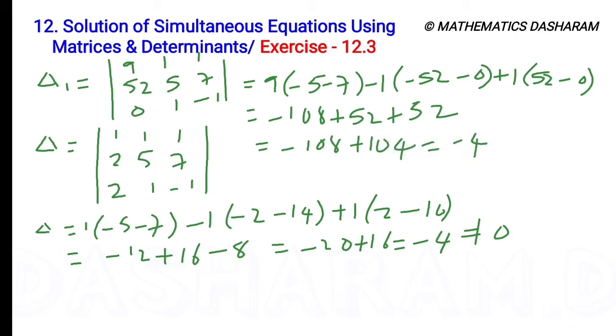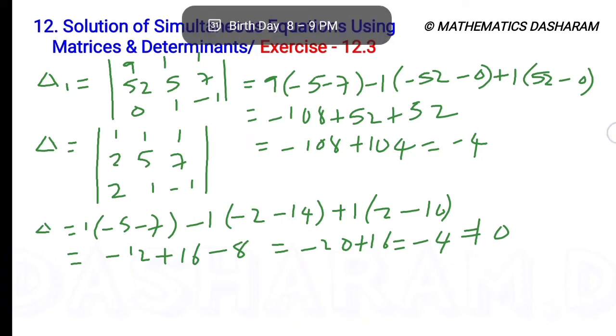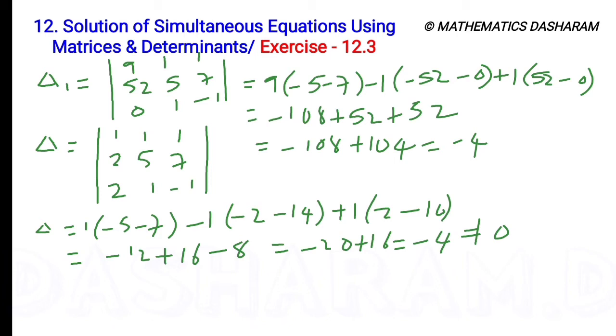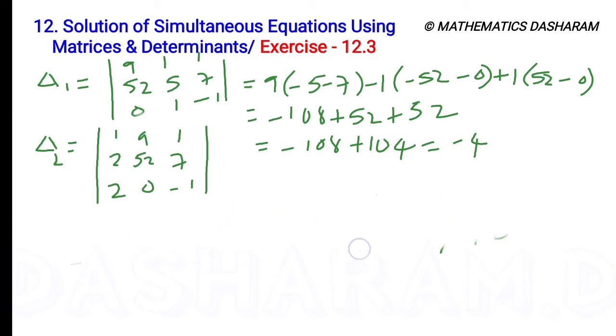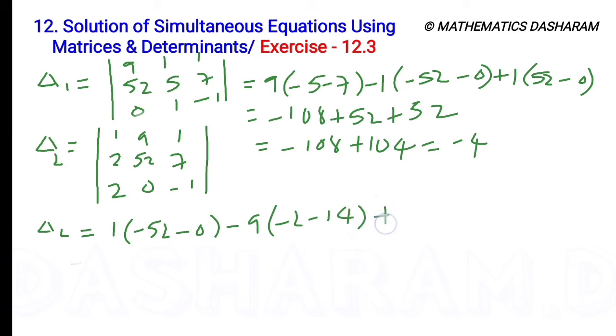Next, delta 2. Delta 2 means replace the second column with the constant numbers, 9, 52, 0, and let's find its determinant. So delta 2 equals 1 into 52 into minus 1 minus 52 minus 0, minus 9 into minus 2 minus 14, plus 1 into 0 minus 104.